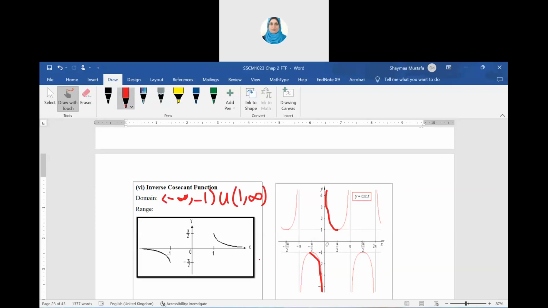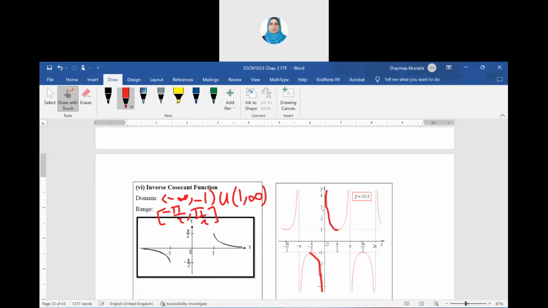Why? Because this is the range here, so it will become our domain. And the restricted domain from minus pi over 2 to pi over 2 will be our range.